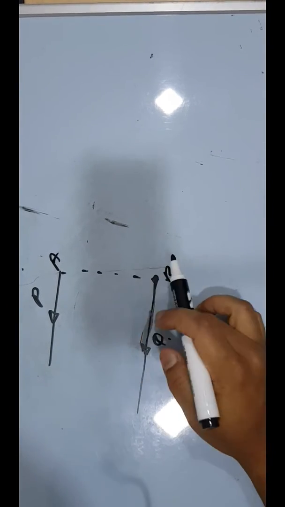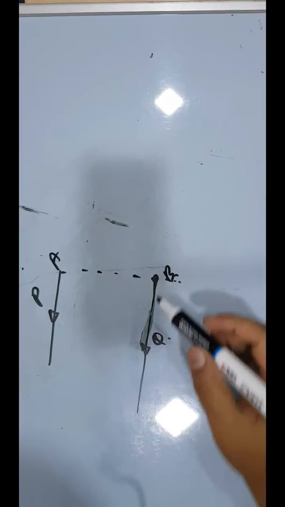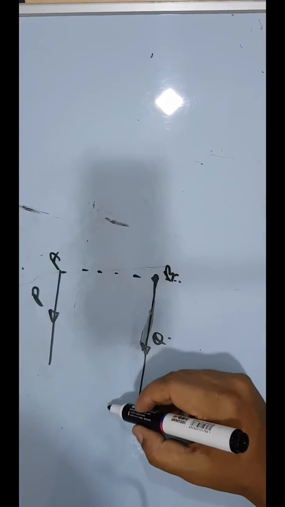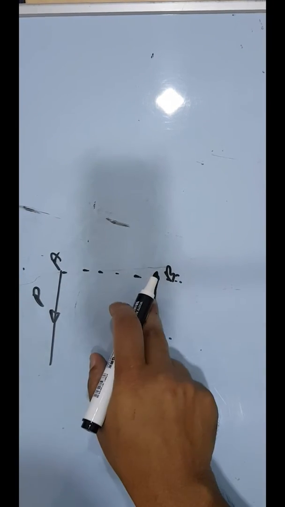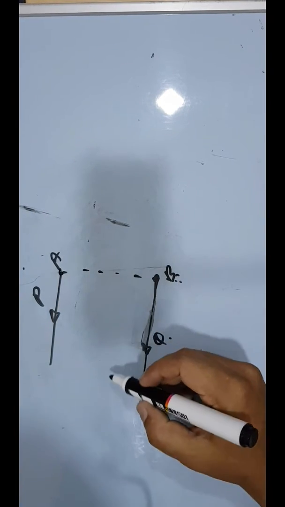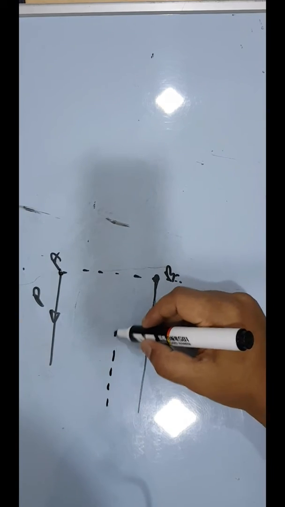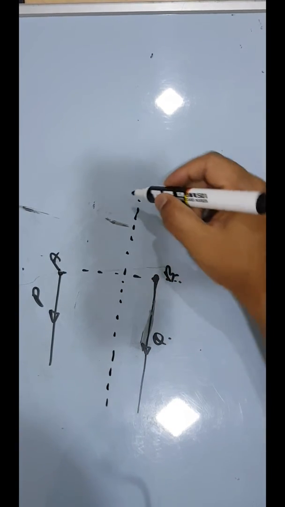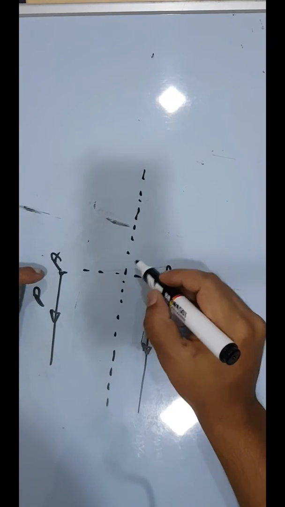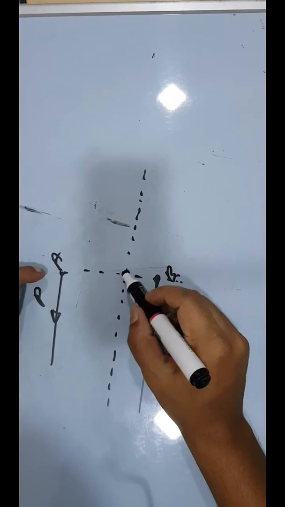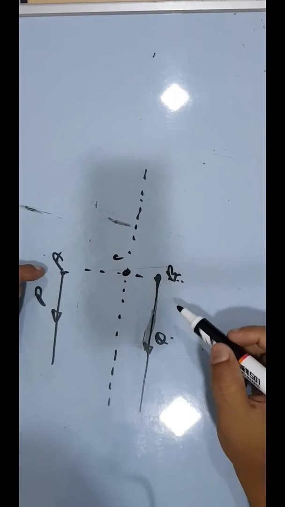So the resultant force of these two will act in between these two points. I'm going to draw the line of action of the two forces, and this line of action will cut line AB at C, right?